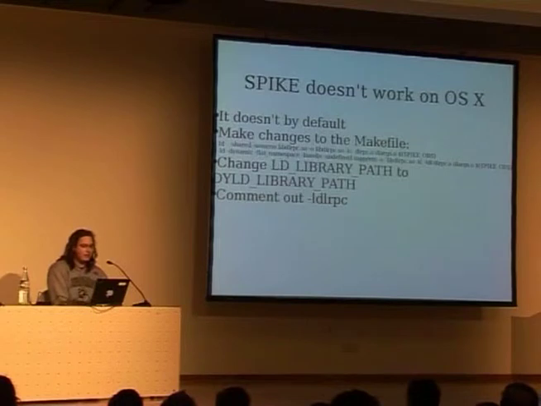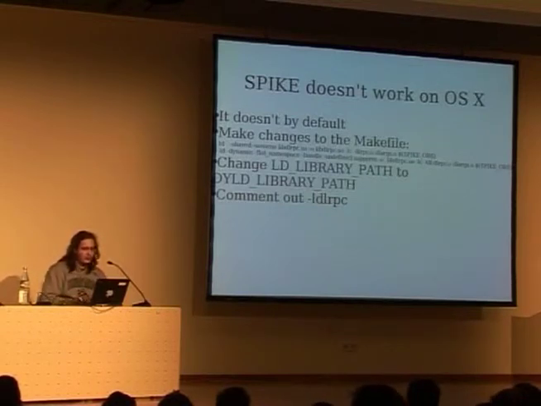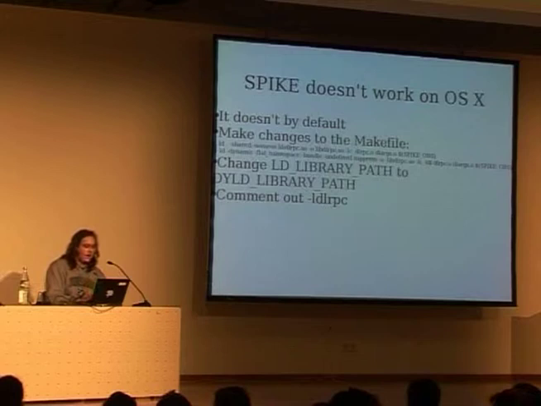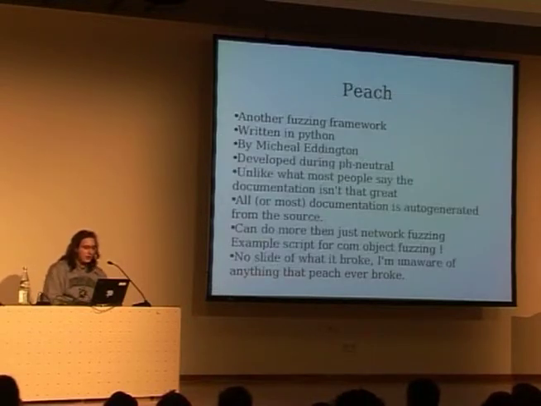The only thing you have to do to get it to work on macOS is change some of the arguments to the linker, change LD_LIBRARY_PATH to DYLD_LIBRARY_PATH, and comment out -ldl and -lrpc. Then Spike just compiles on macOS, and you can do whatever you want with Spike on macOS, and you're not restricted to using Linux. Right, so that was Spike.